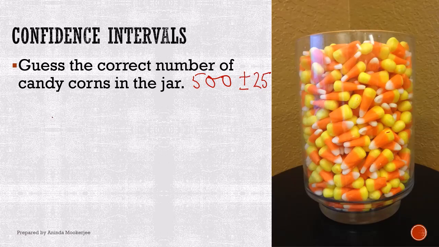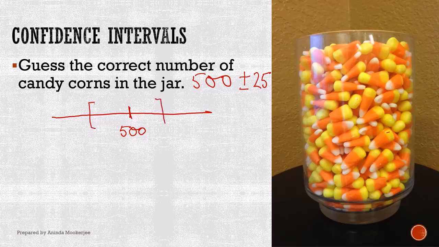Now, what does that mean? So we have over here in the center our exact number of candy corn, which the person who's playing wouldn't know, but there are 500 candy corns in this jar, and we are told that since it's not possible to guess the exact number, you can make an error within plus minus 25 of the exact number and still win a prize.